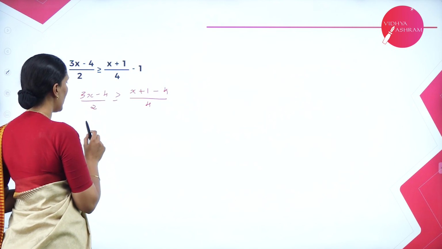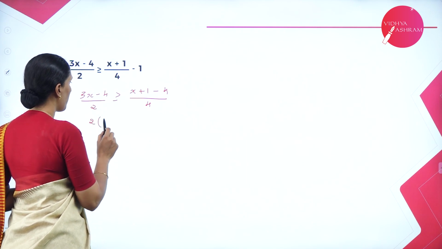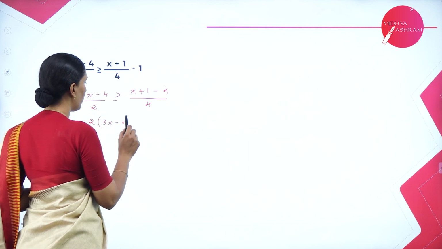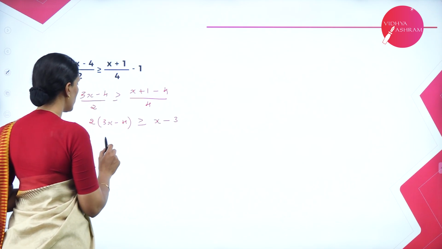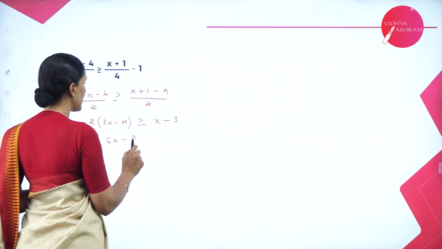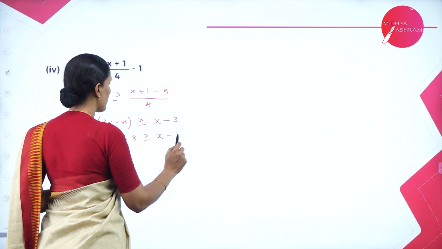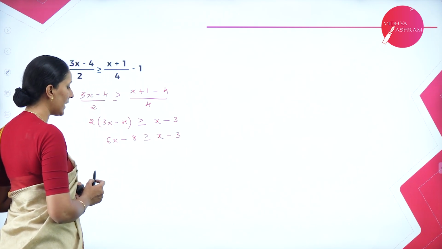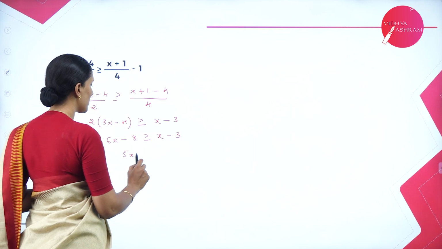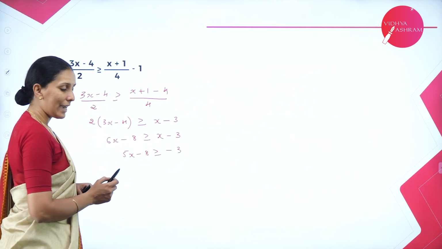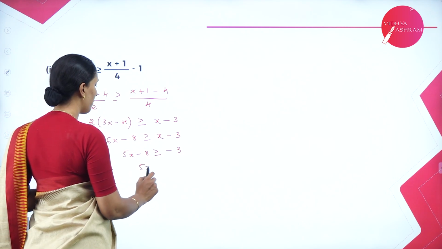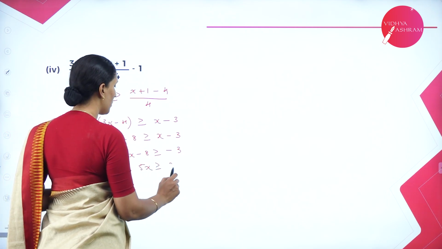So then we are left with 2 into (3x minus 4) greater than or equal to x minus 3. So which is 6x minus 8 greater than or equal to x minus 3. So we'll subtract x on both sides. I'll get 5x minus 8 greater than or equal to minus 3. We'll add 8 on both sides. Then we get 5x greater than or equal to 5.